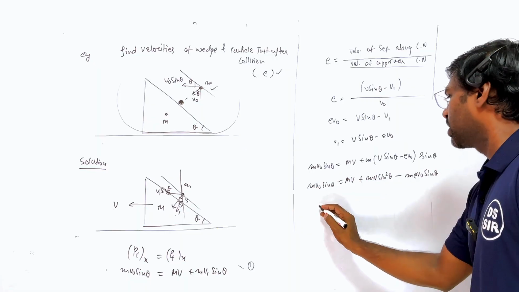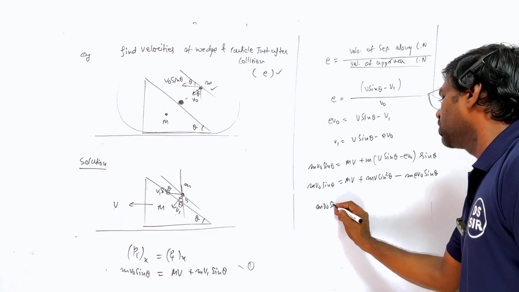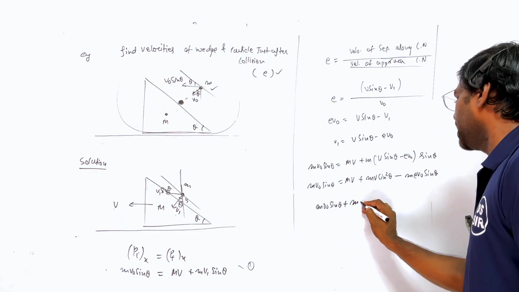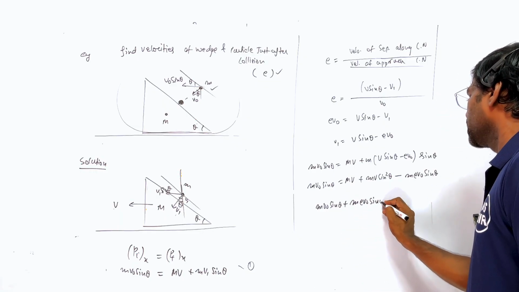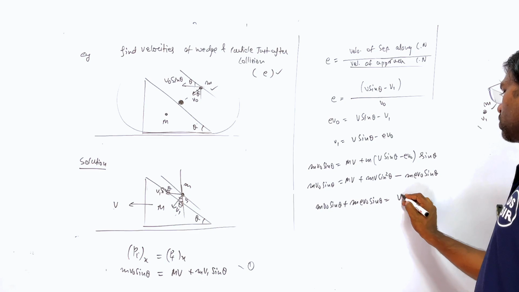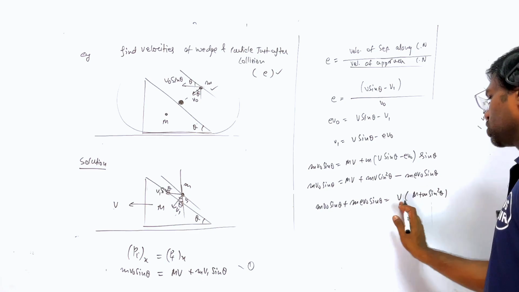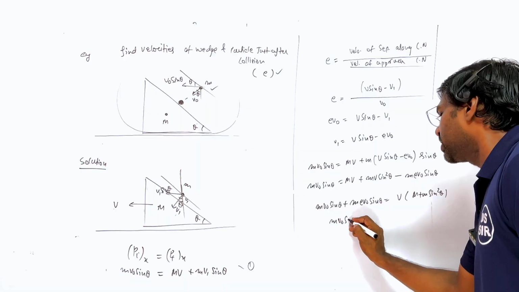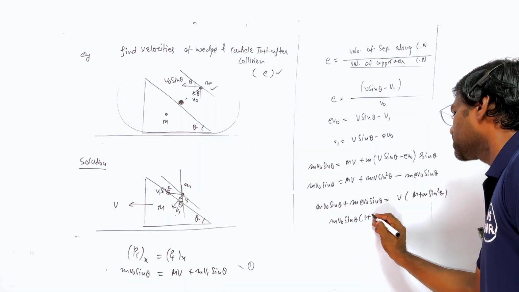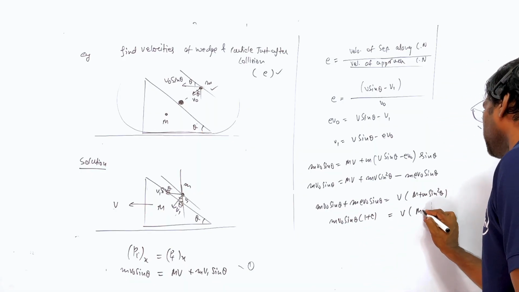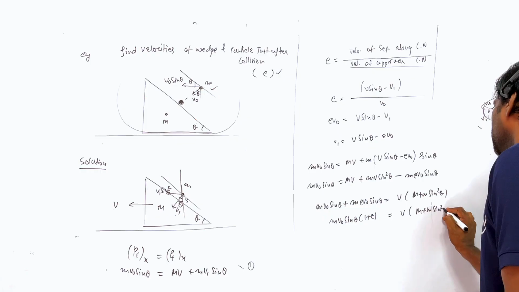So when it comes to this side, m v naught sine theta plus m e v naught sine theta, and here I took V common, capital M plus small m sine square theta. So m v naught sine theta is common. This is 1 plus e divided by M plus m sine square theta.